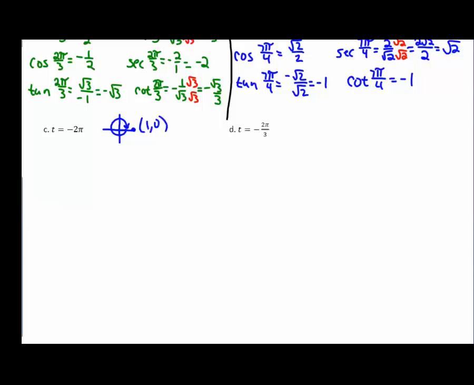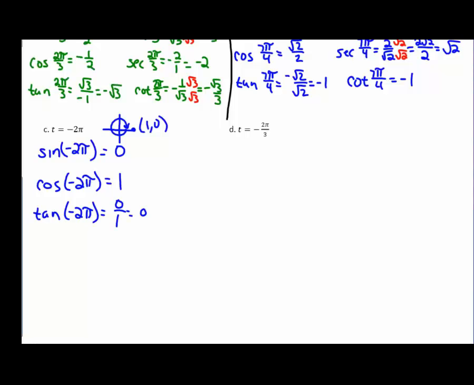Okay, and so we can find the sine of negative 2 pi is the y value, so it's 0. The cosine is going to be 1 because it's the x value. And the tangent is going to be y over x, so 0 over 1, which is just 0. So in this case, your sine and your tangent are the same.